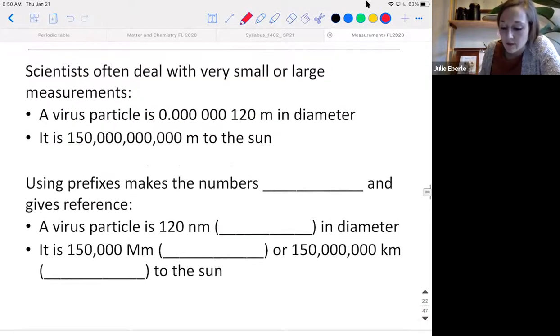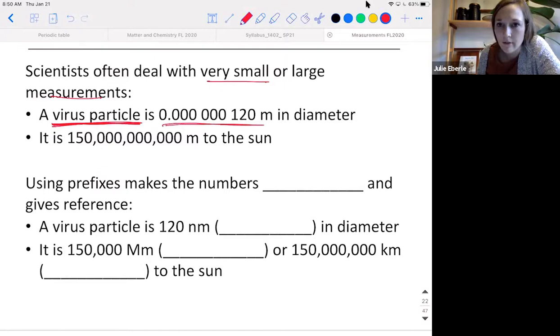Now, scientists often deal with numbers that are very small or very large, okay? Very large, very small measurements. Examples. Our whole world has been centered on things that are this small lately, okay? A virus particle is 0.0000012 meters. Well, it's really hard to comprehend that number in our brain with so many decimal places.